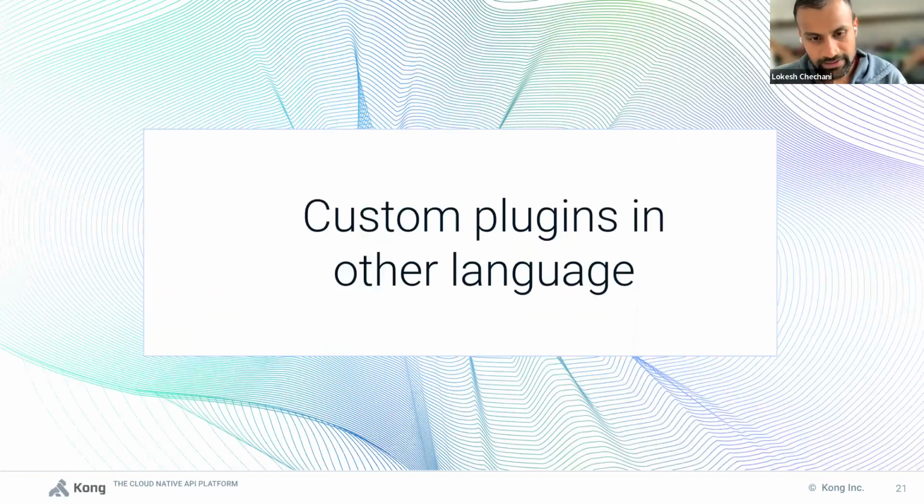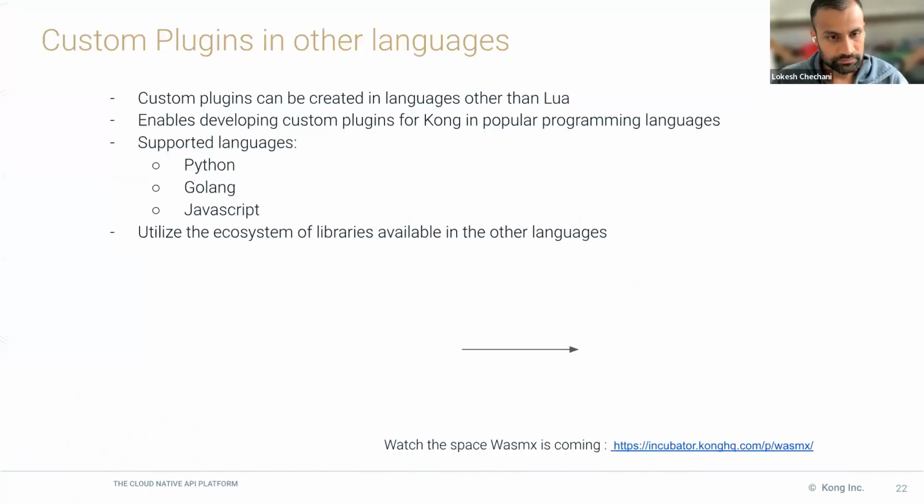Right. This is another much-debated topic: the custom plugin in other languages. So far, what I've described is how most of the plugins we developed are in Lua, and how you package it up, install, and deploy it into Kong.